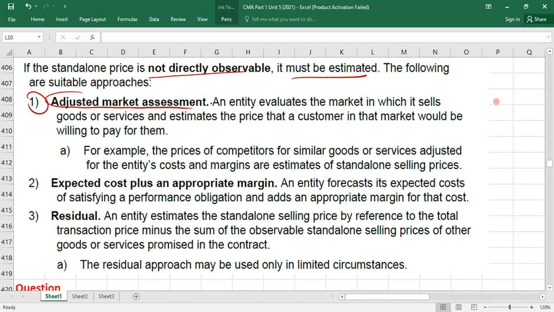That value I can use as the standalone price. Again, it must be estimated. An entity evaluates the market in which it sells goods or services and estimates the price that a customer in that market would be willing to pay for them.